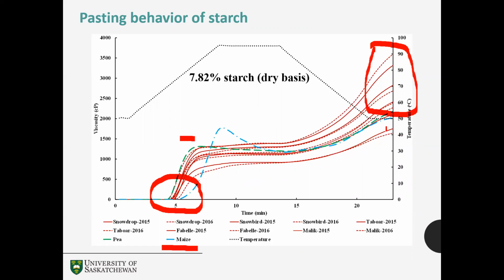Their final viscosities were lower than that of the maize starch: Snowdrop from 2015 and Snowbird from 2016. So the lower peak viscosity, lower breakdown viscosity, and generally higher final viscosity of the pulse starches are associated with the high amylose content, as we discussed above.